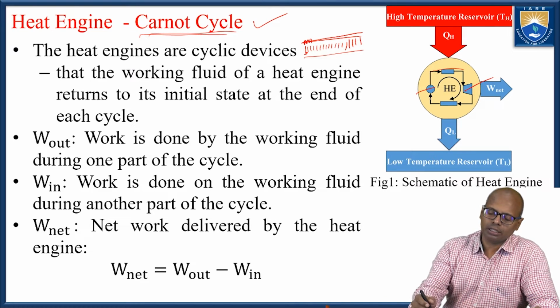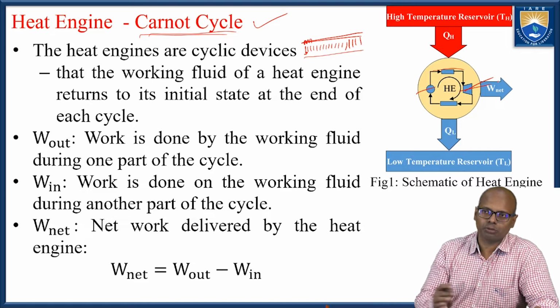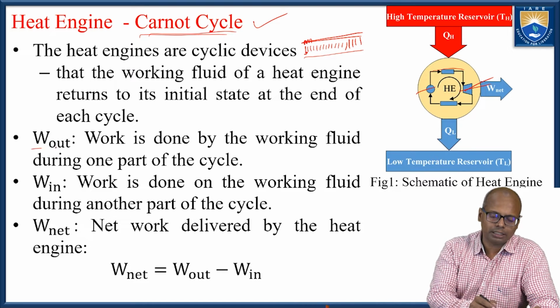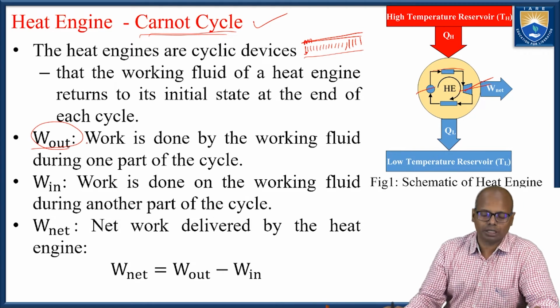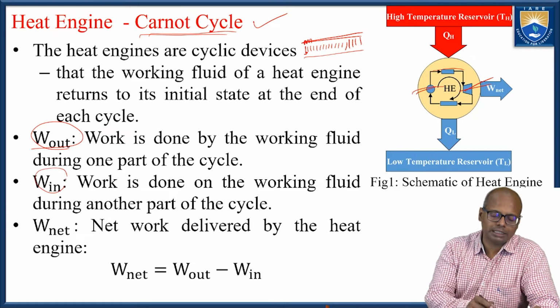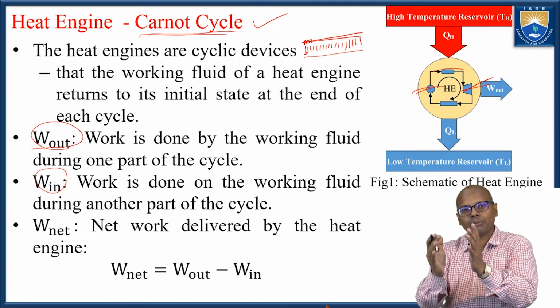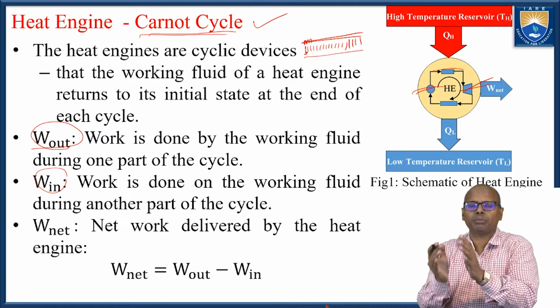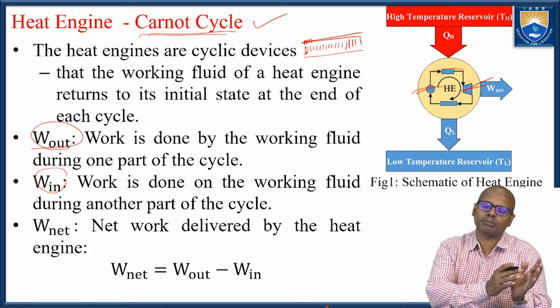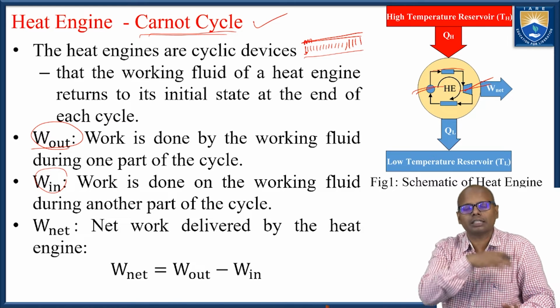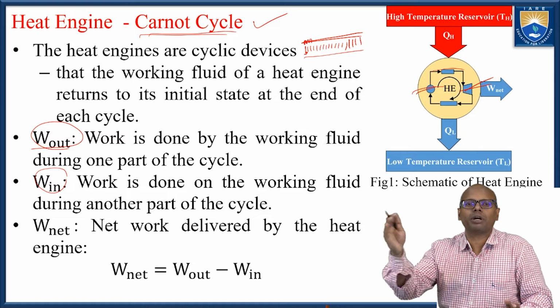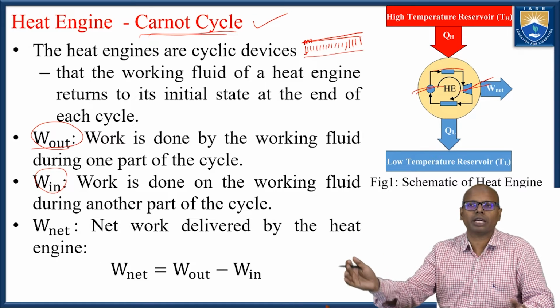In the turbine, suppose one turbine is there and it is supplying some work, and the compressor is taking some work from the turbine. The turbine is providing some work, and part of the work is given to the compressor so that the circulation happens, and the remaining part of the work is given out as output.